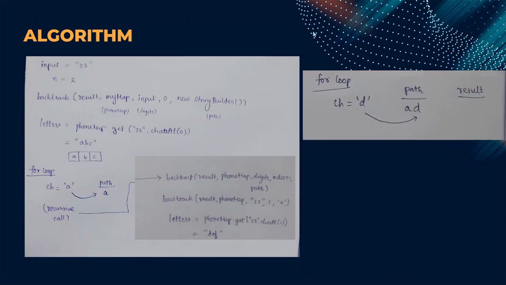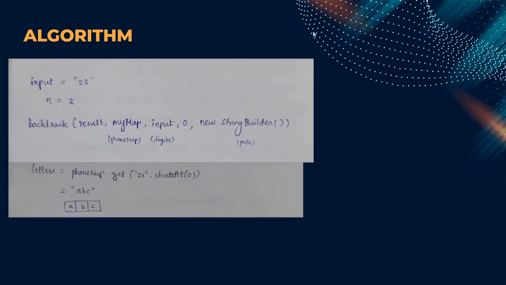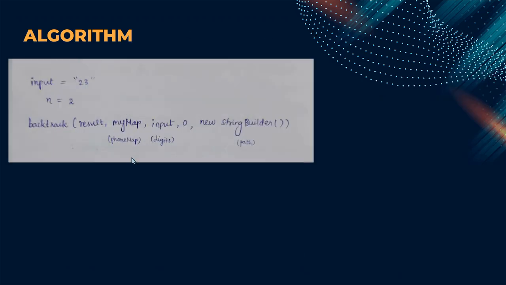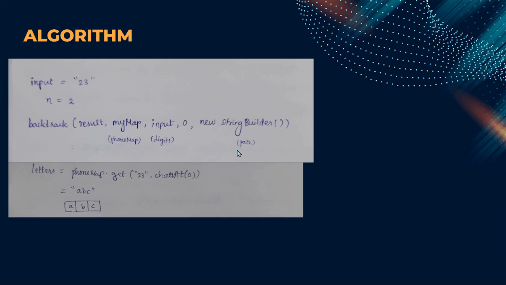So this is what we have been seeing in this part. In the function definition, the variables differ in their names, so the alias names are written below. From there, we maintain a variable called letters, which is going to have the string of the particular digit being processed.